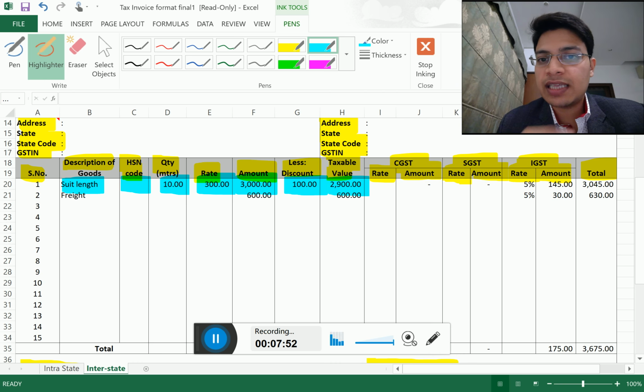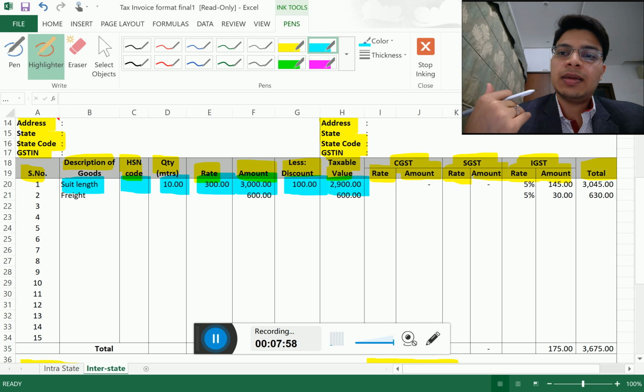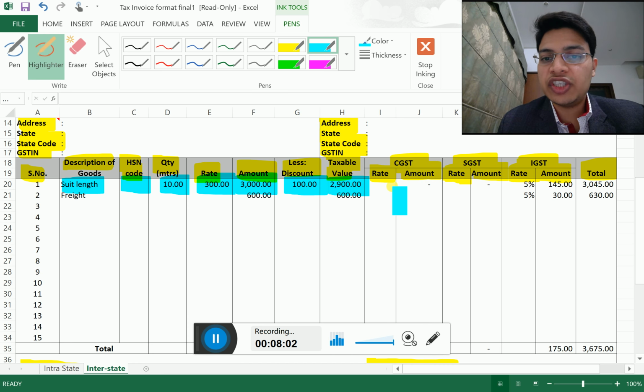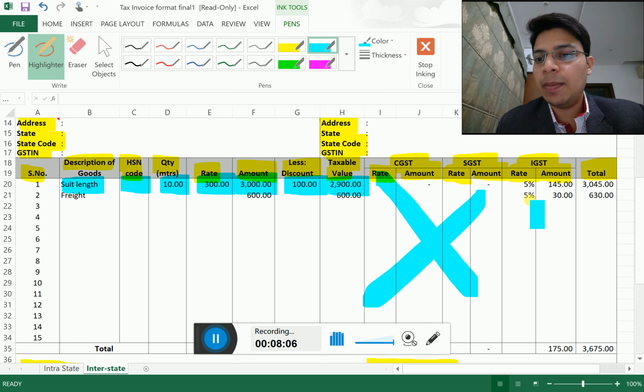In this example, I'm saying that this is an interstate supply. I'm in Telangana and I'm supplying the goods to the recipient in Maharashtra. So I will not mention anything here in these two columns because these are for intrastate. I'll mention the tax rate and the amount in the IGST column. The total will follow. This is a simple format of interstate supply.